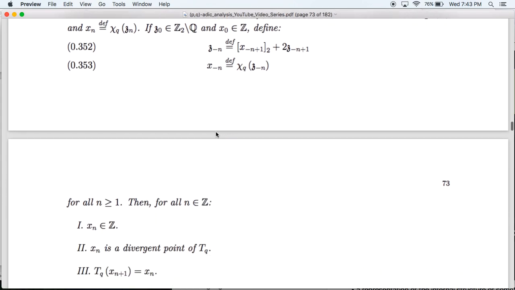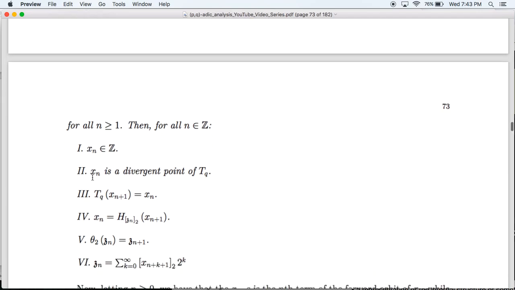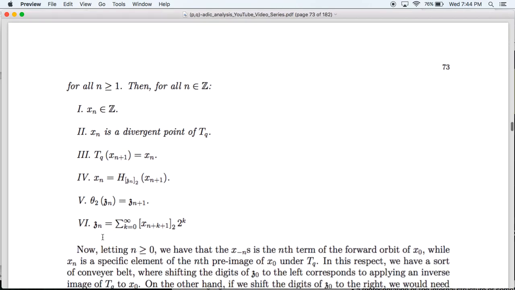But anyhow, we get the following. Xn is in Z for all n. Xn is a divergent point of Tq for all n. Tq sends xn plus 1 to xn. Xn is equal to the h value of zn mod 2 of xn plus 1, shifting zn to zn plus 1, and zn is equal to this thing.